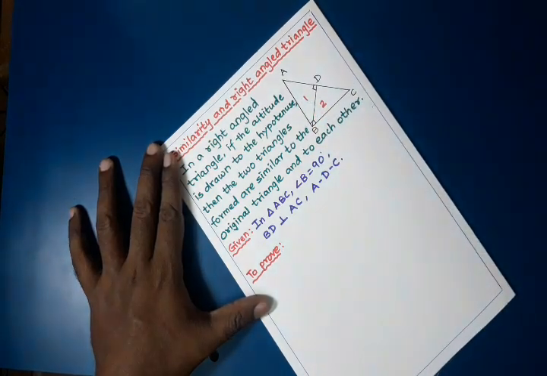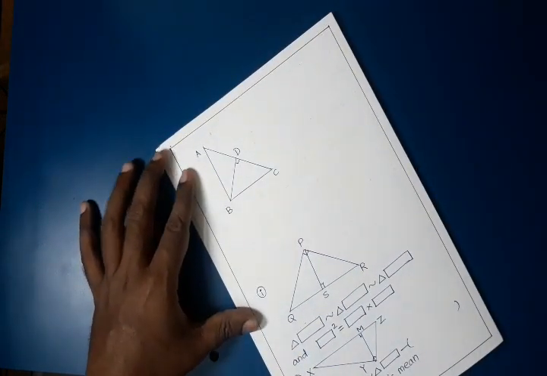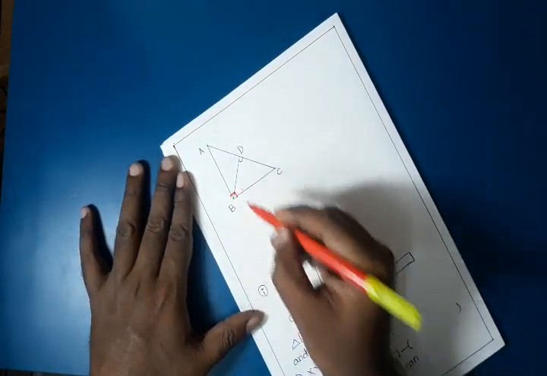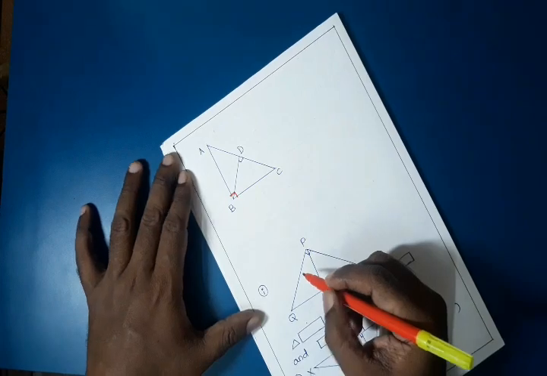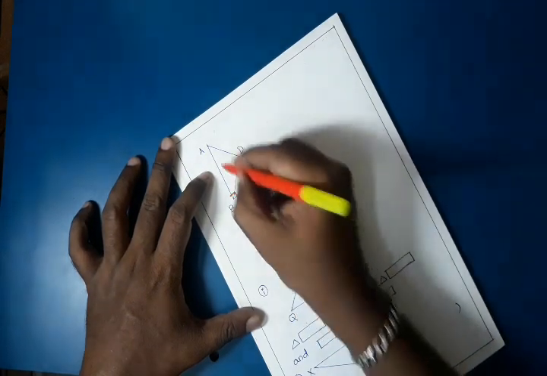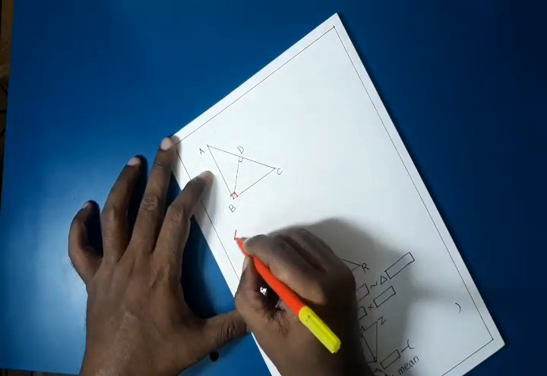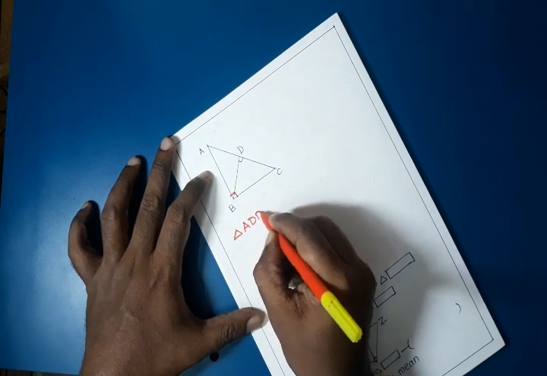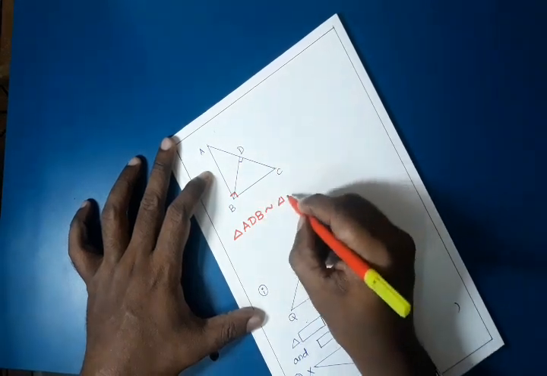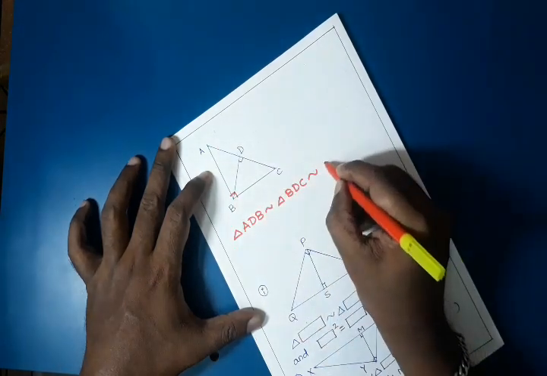Let's see how to write the names of these two triangles. I have one example. In triangle ABC, if angle B is a right angle and BD is the altitude, then how can we write the names of these two triangles? We have to follow one trick. We have to write the name of the first triangle as triangle ADB, then it is similar to triangle BDC and it is similar to triangle ABC.